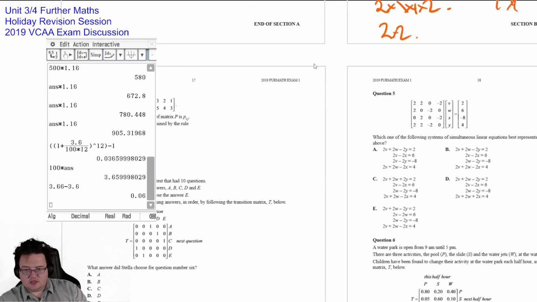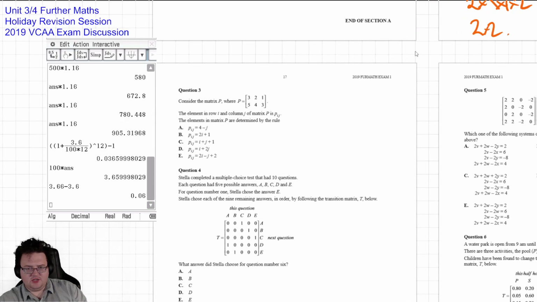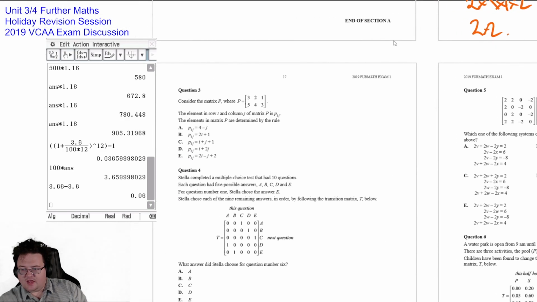Consider the matrix. What is the matrix? The elements in matrix P are determined by which rule? This is an example where row 1, row 2, column 1, column 2, column 3.